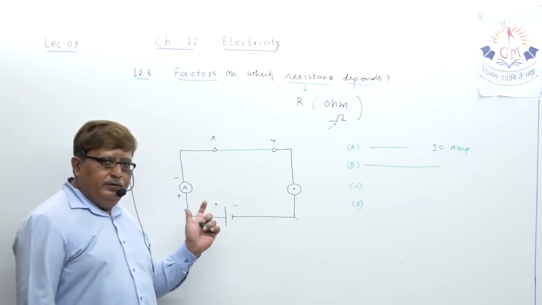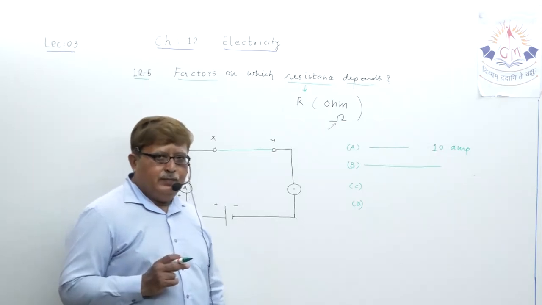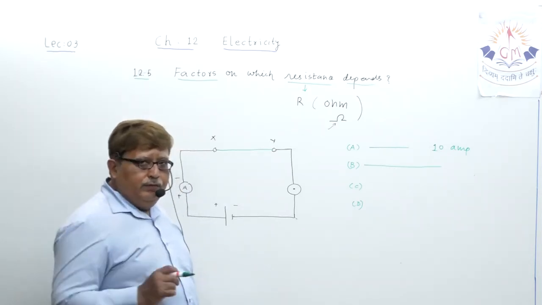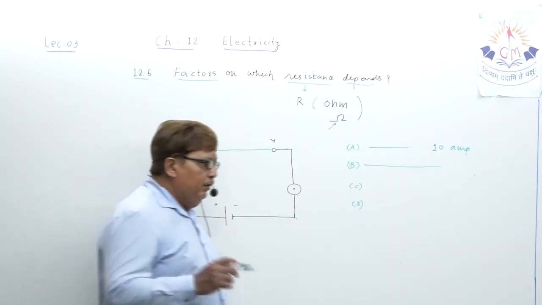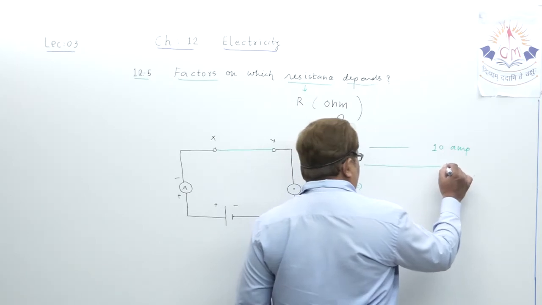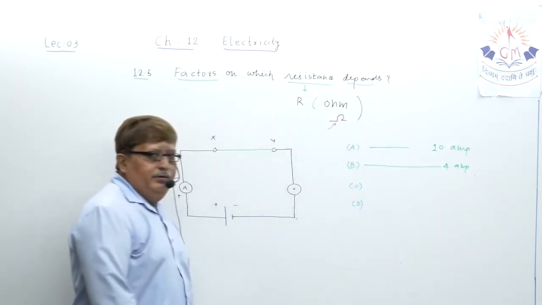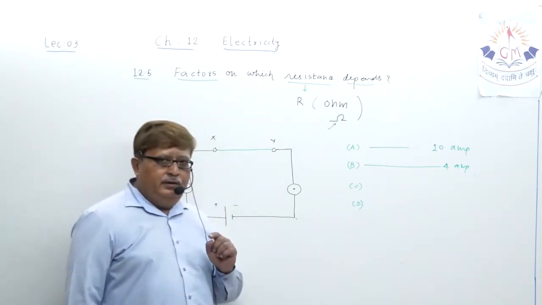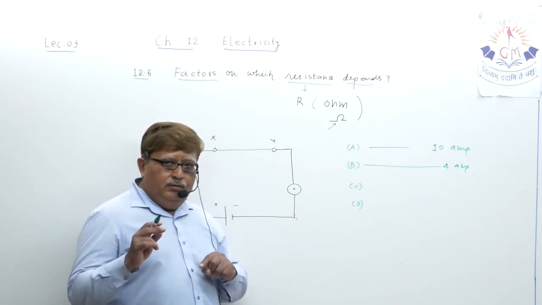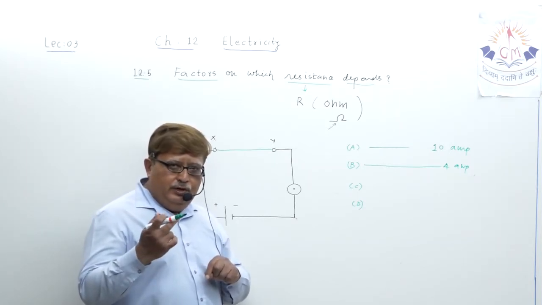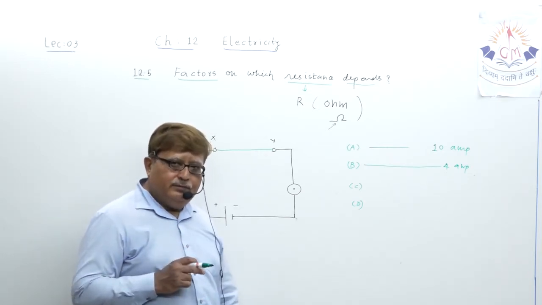I will find that the reading from the ammeter reduces to, suppose, 4 ampere. That means what, my dear student? By increasing the length, the amount of current decreases. That means resistance increases.